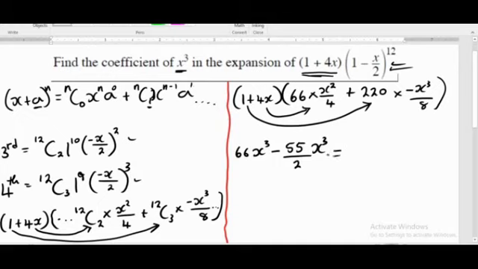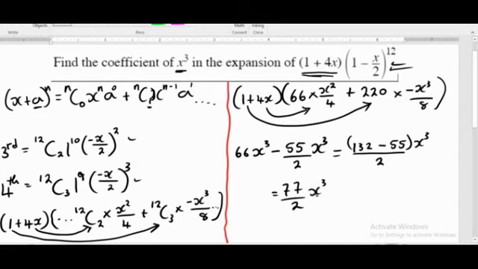Let's do the subtraction. The LCM is 2, so this is going to be 132 minus 55 over 2, x power 3. 132 minus 55 is 77. That's 77 over 2 x power 3.